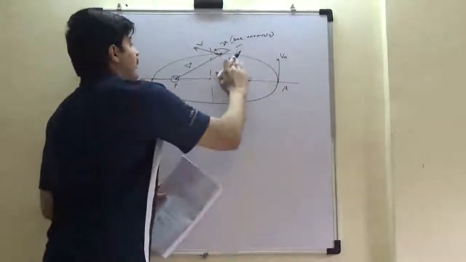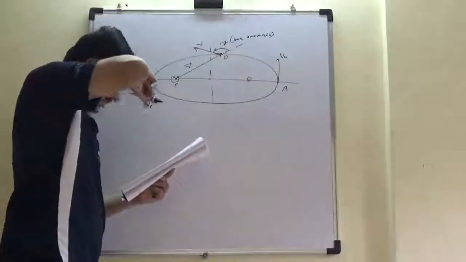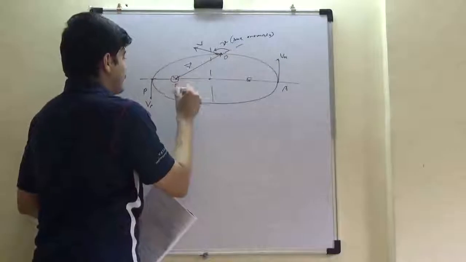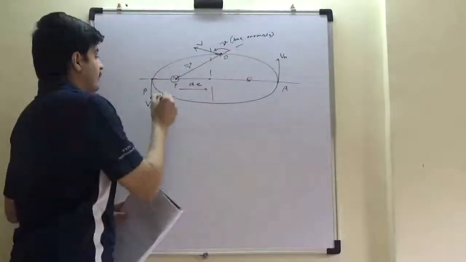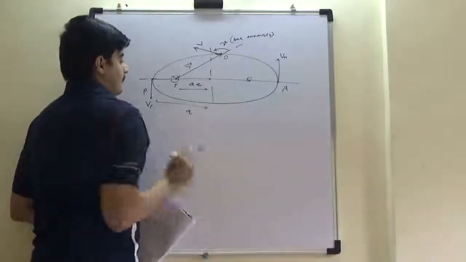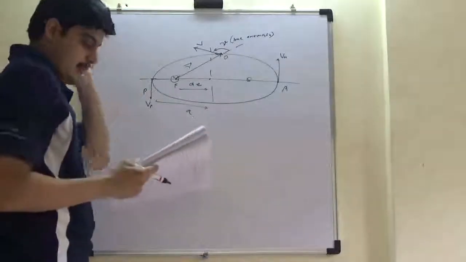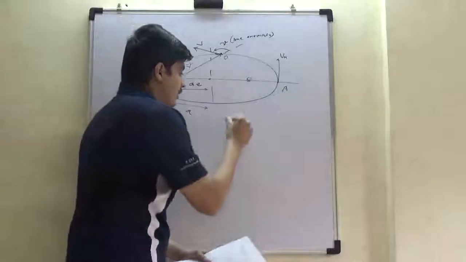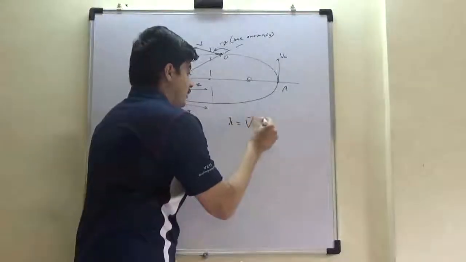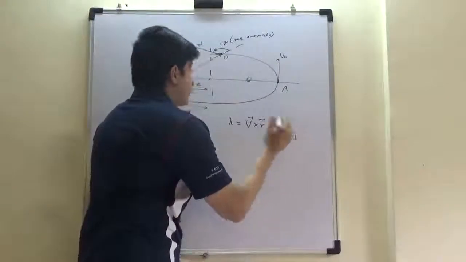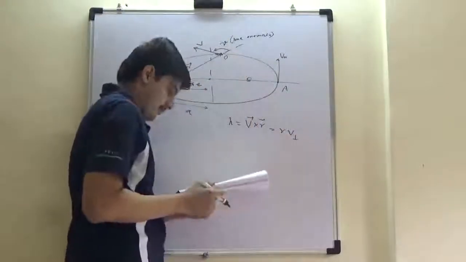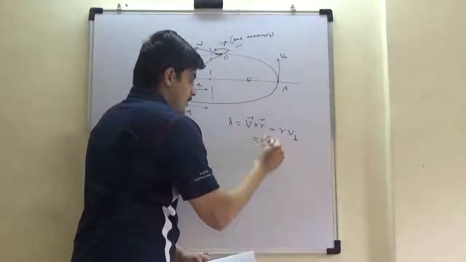Now if that is the case, right, and we know that this is A, E, this is A, correct? If that's the case, angular momentum which is conserved, H equal to V cross R, is radius into V perpendicular in this direction, which is omega r square.